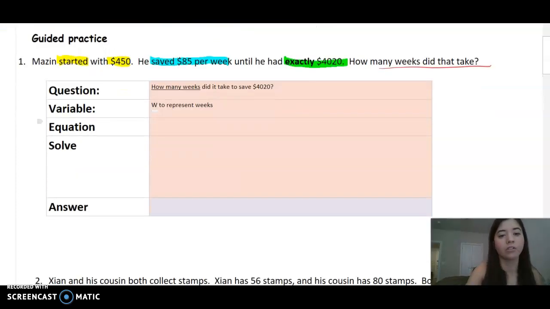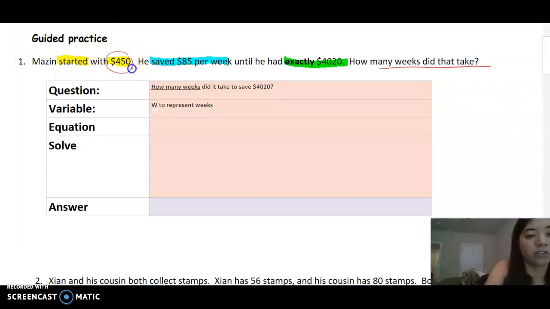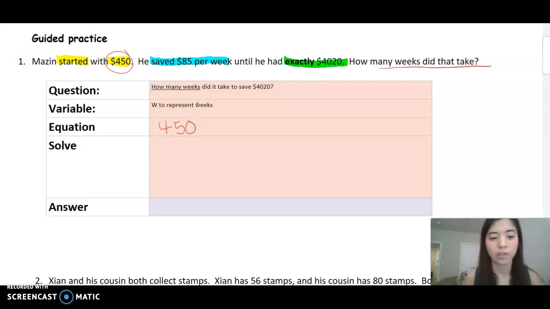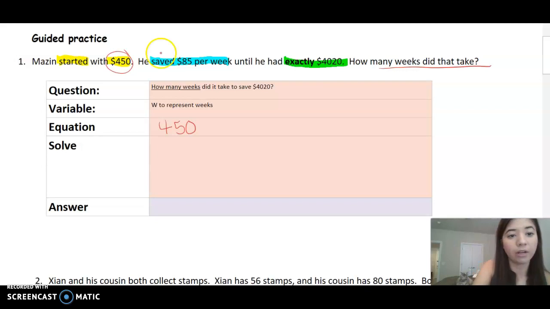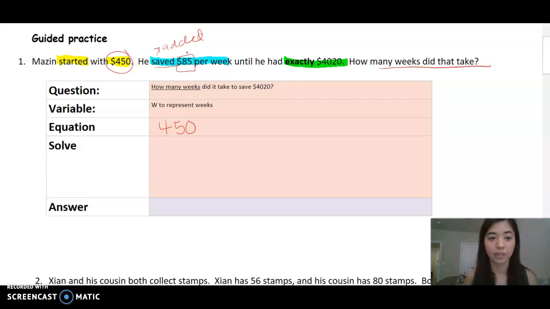All right, so Mason here started with $450, so that was his beginning amount. To his beginning amount, he saved or added $85 each week. Okay.